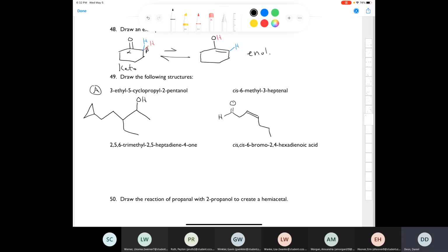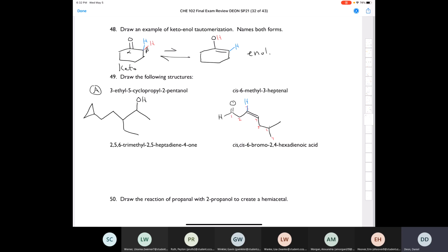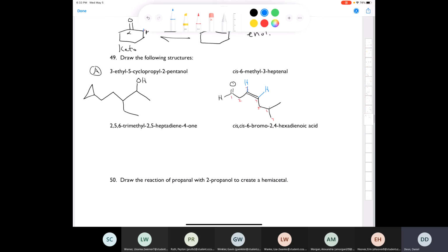You get your aldehyde, cis. No, sorry. Let me number these. 1, 2, 3, 4, 5, 6, 7. There we go. So on the sixth carbon, you have a methyl group, and you know that this is cis because these two hydrogens are on the same side, like that. Doable, but the names are a little bit long and cumbersome.